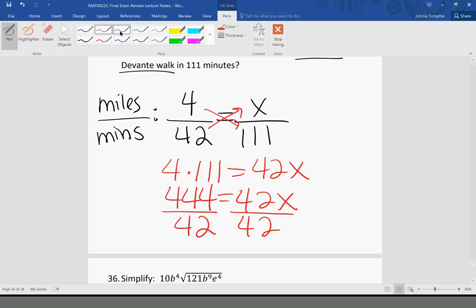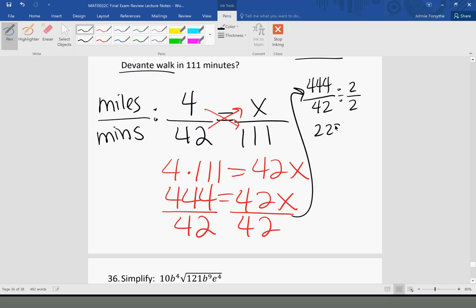So let's see, I definitely can reduce it by 2. Actually by 4, right? No, not 4, so let's do 2. So if we divide both of them by 2, 444 over 42, we'll divide the top and bottom by 2.